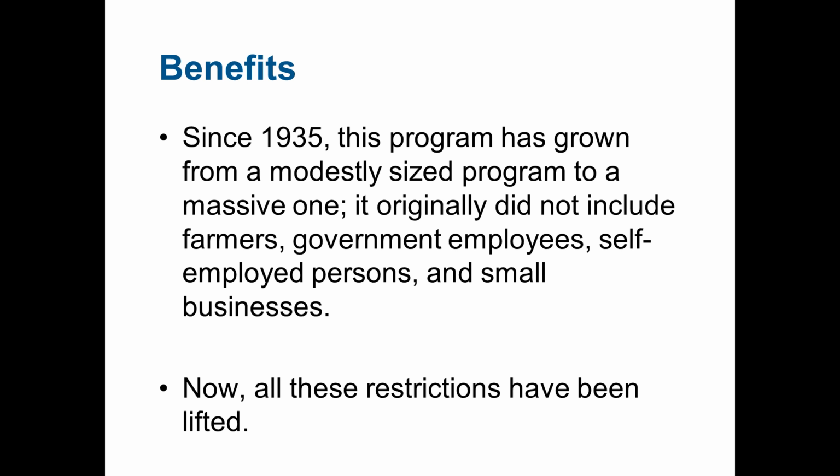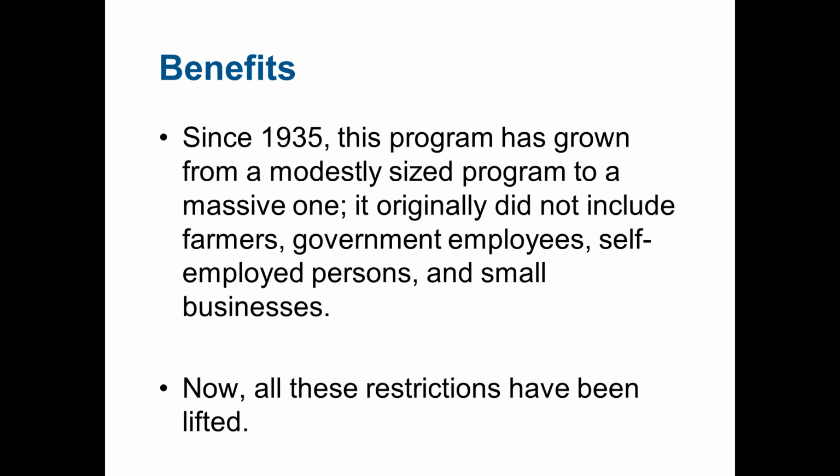So if you think back to 1935, first of all, life expectancy was a lot lower back then. So people, on average, would have been on Social Security less than they are now. The retirement age is 65, and the average 65-year-old retiree in 1935 would have had a lot less life expectancy left than the average retiree at 65 now.